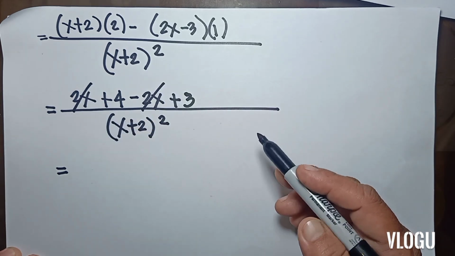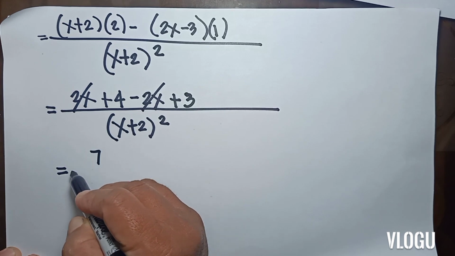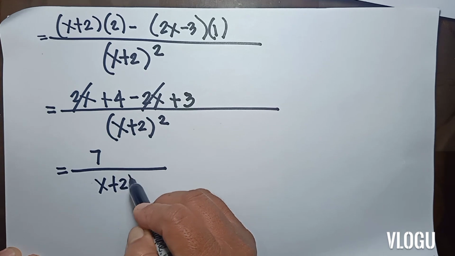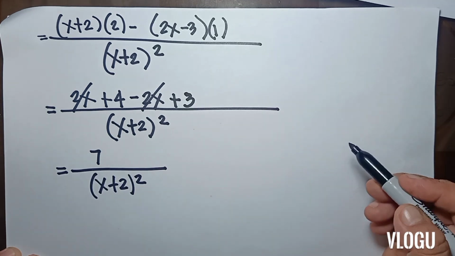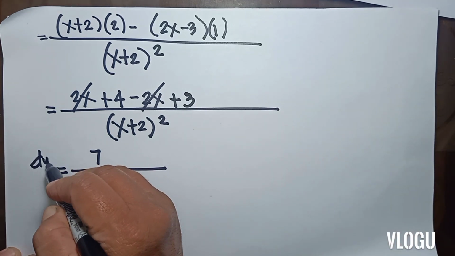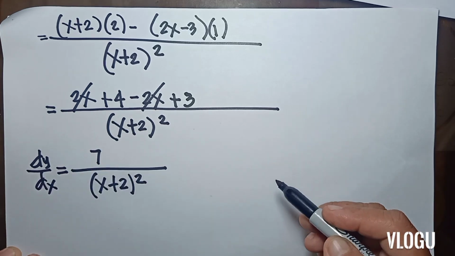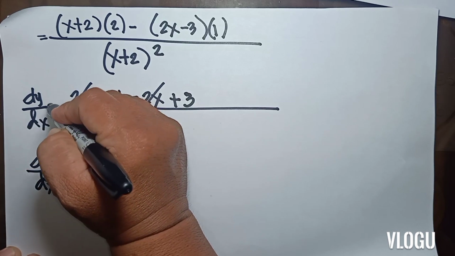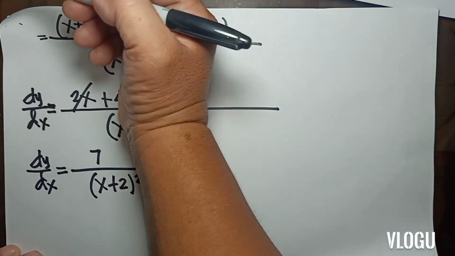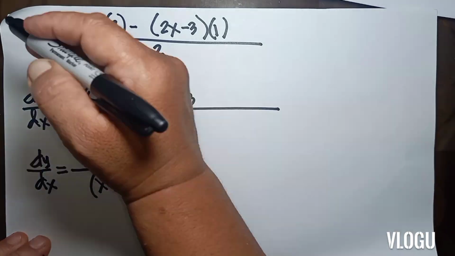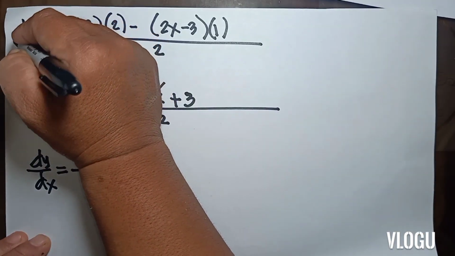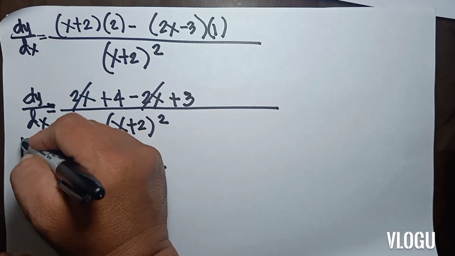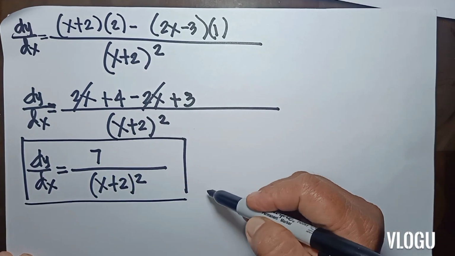Therefore, our final answer is 7 over x plus 2 squared. So this is now our dy over dx, and this is our final answer.